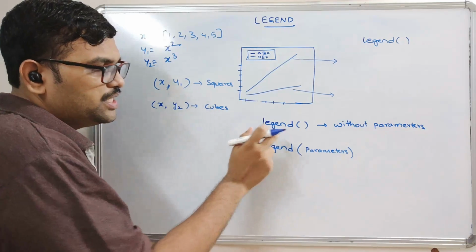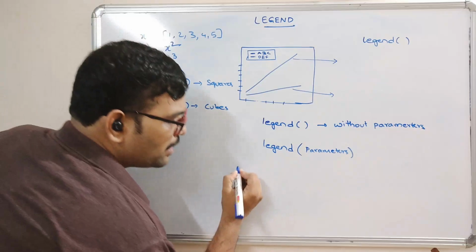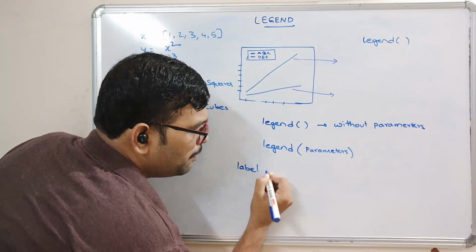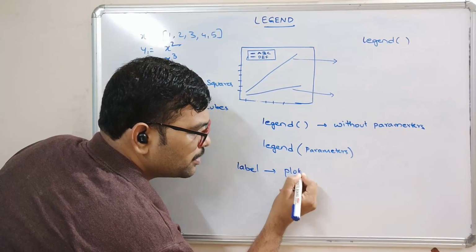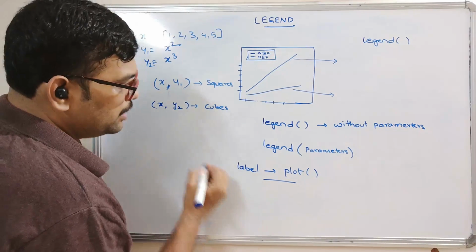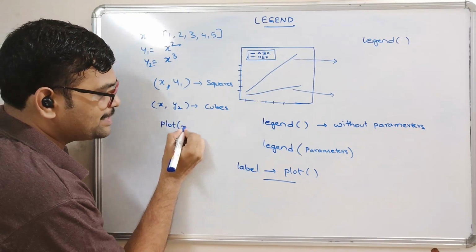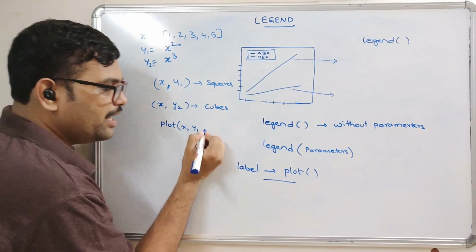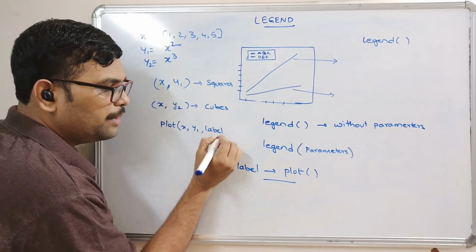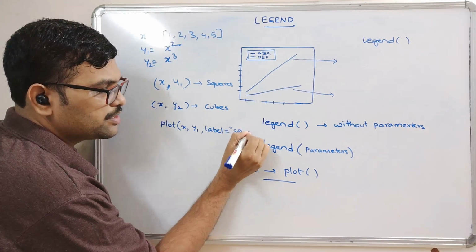If you want to use it without parameters, then we have to add the label parameter in the plot function. Inside the plot function, if you are plotting x comma y1, use another parameter called label, and give here squares.